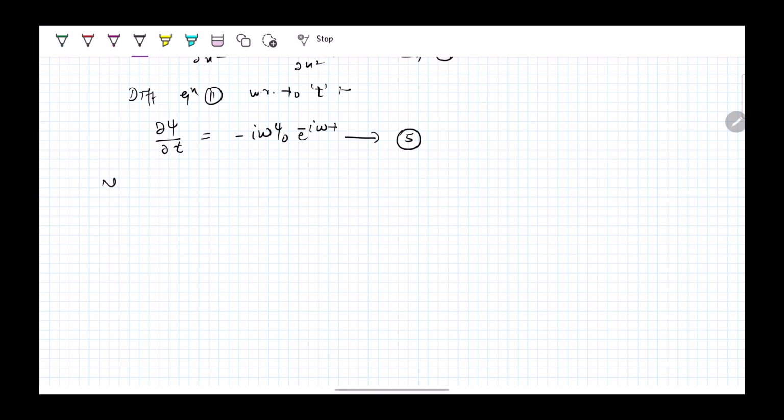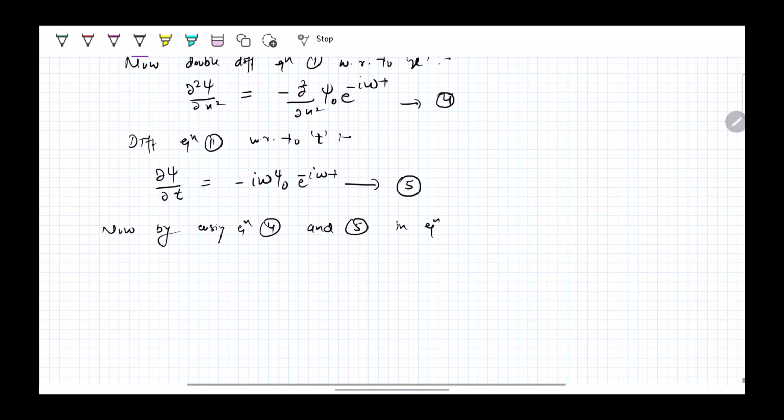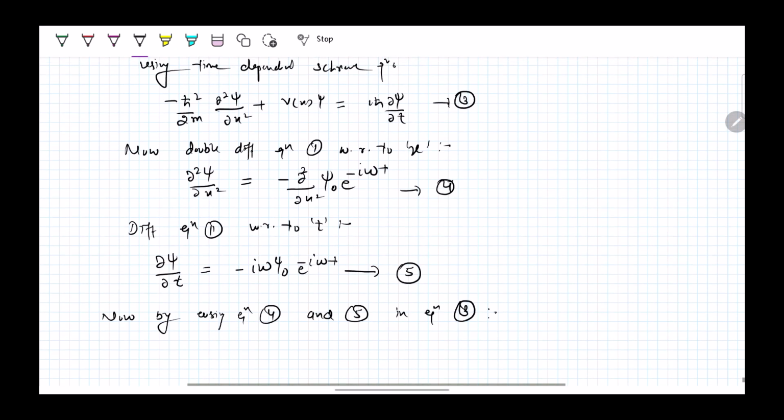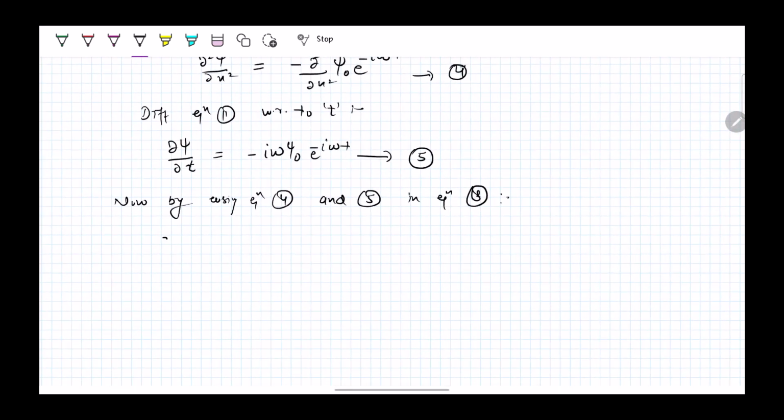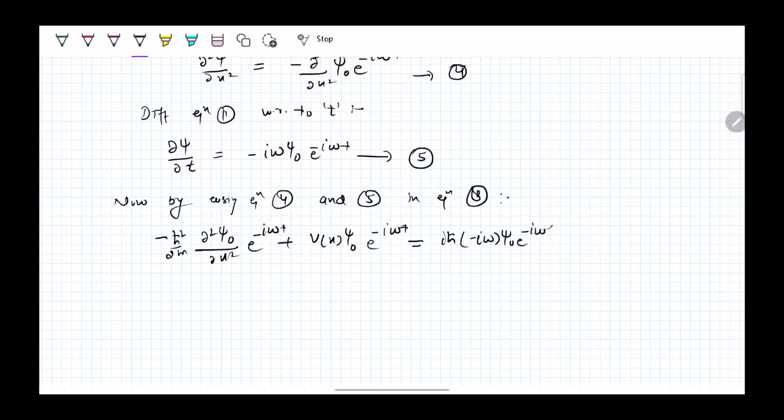Okay, now by using equation 4 and 5 in equation number 3, in this equation what we are getting is minus h cut square over 2m curly square psi naught over curly x square exponential minus iota omega t plus V of x psi naught exponential minus iota omega t is equal to iota h cut minus iota omega psi naught exponential minus iota omega t.